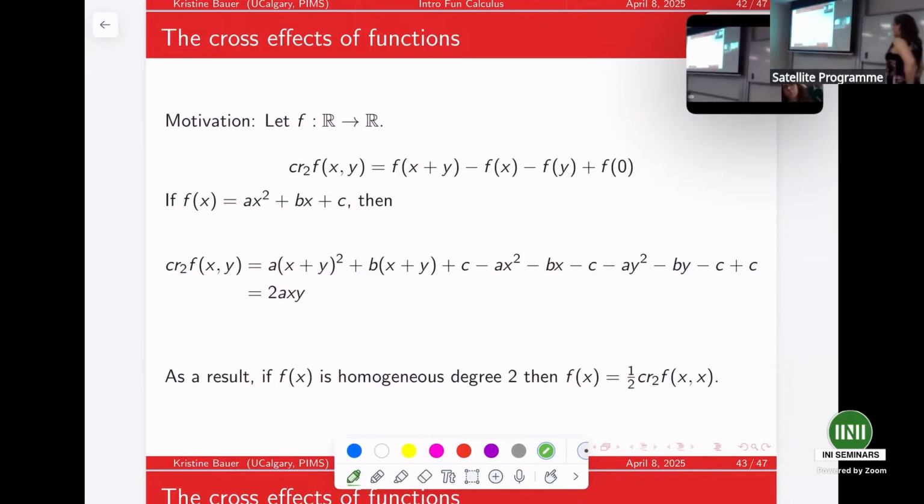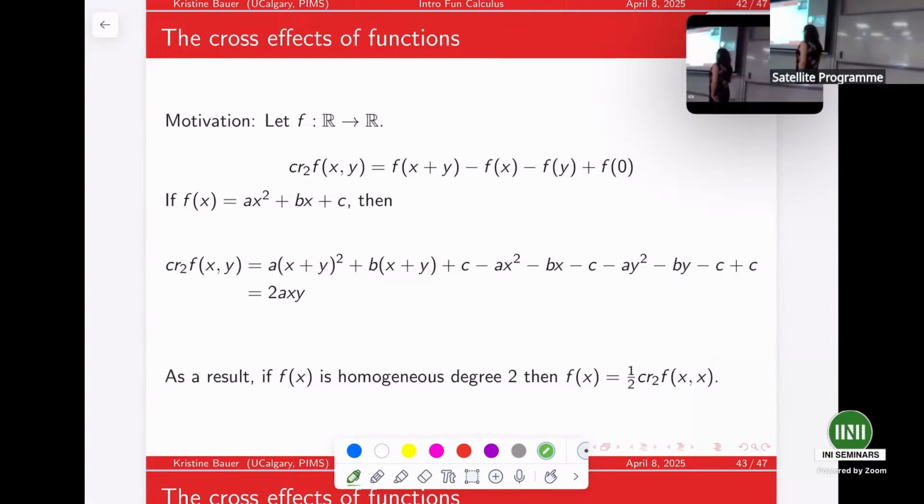All right, then suppose that I started with any degree 2 polynomial function. The second cross effect is going to kill anything that's a homogeneous term. So it's killing all of the terms that are just x, all of the terms that are just y, all of the constants, and the only thing that's left is the cross term.